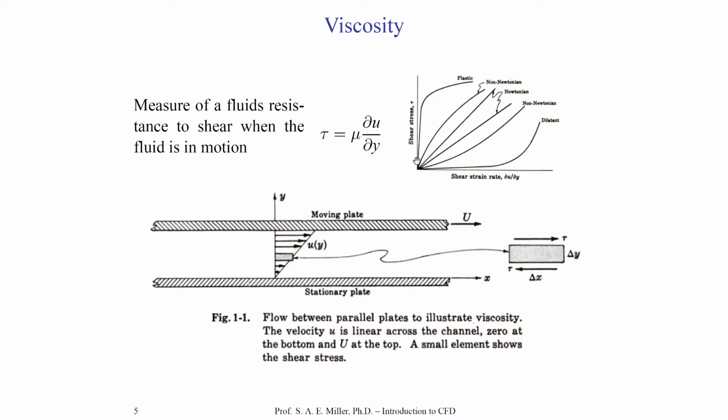And if this relationship is linear between, say, tau, the shear stress, and the shear strain rate, then it's called a Newtonian fluid. Nonlinear shear stress strain rate relations are called non-Newtonian. In this class, we're mostly going to be universally focusing on viscosities that correspond to Newtonian fluids. Can you think of some non-Newtonian fluids? One might be perhaps honey or ketchup.